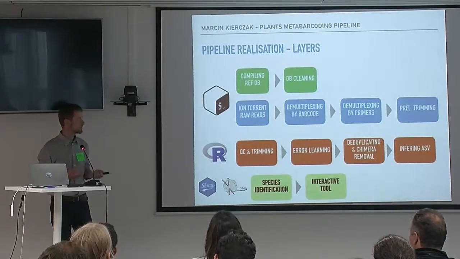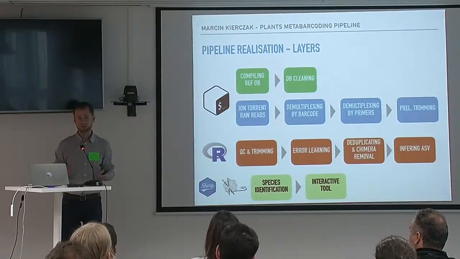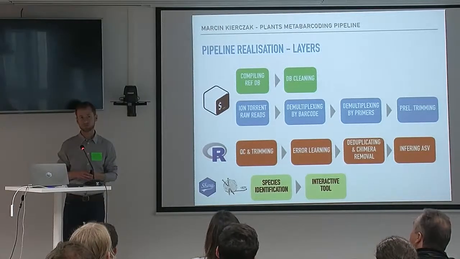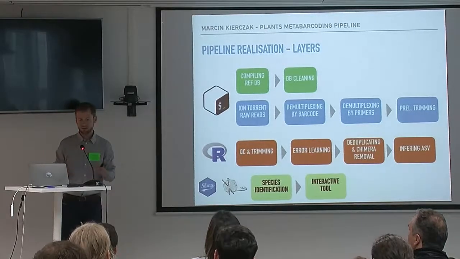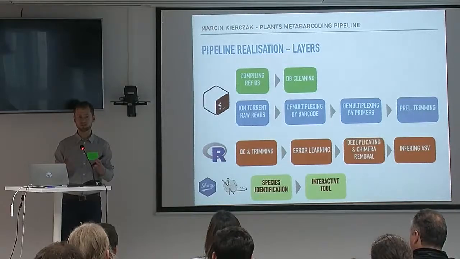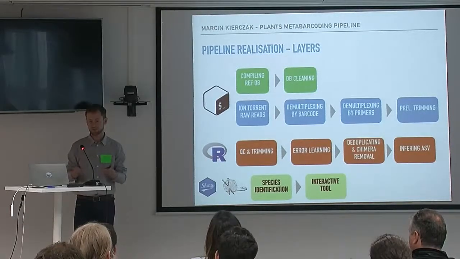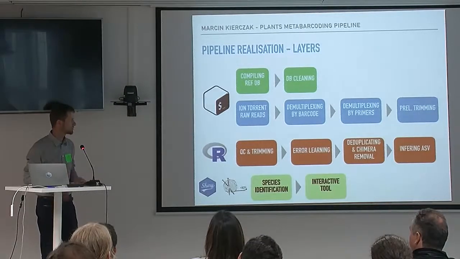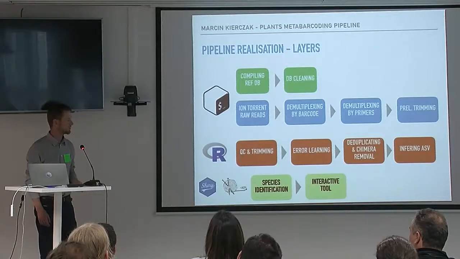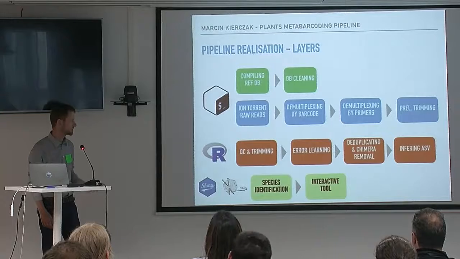There is a machine learning algorithm that learns error patterns in your particular run, and then corrects those, or takes these error probabilities into account when doing clustering. So it's not so different from the OTU approach. It is just the error correction step that is done prior to clustering. But it allows us to achieve much higher resolution, at least in theory.